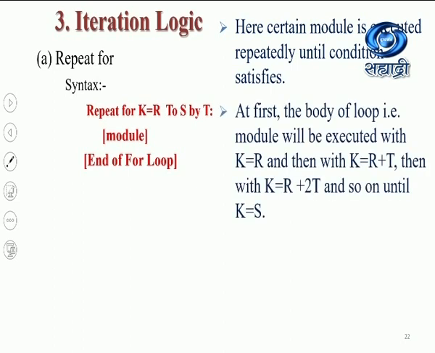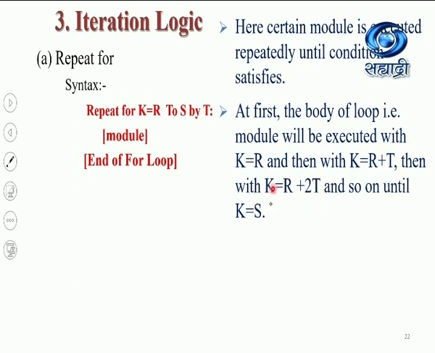Okay. So here at first the body of the loop, that is the module, will be executed with k is equal to r. So this is the initial value, and then with k is equal to r plus t, then with k is equal to r plus 2t. Here you can see that the increment is by t. First increment is with k is equal to r plus t, then k is equal to r plus 2t, and so on.